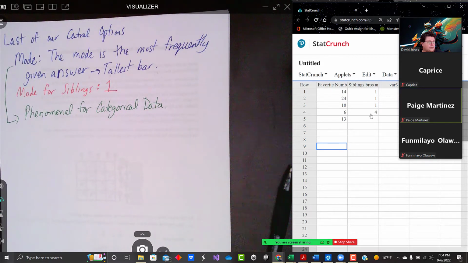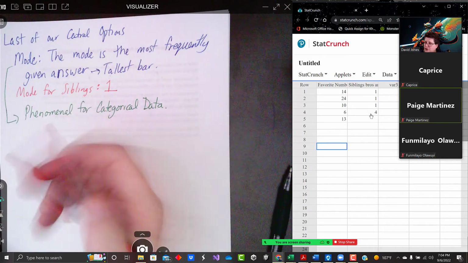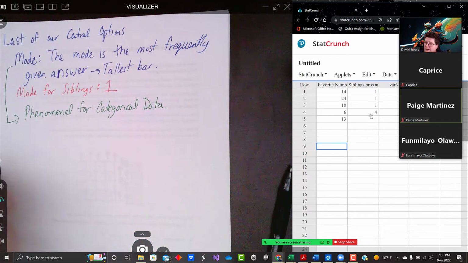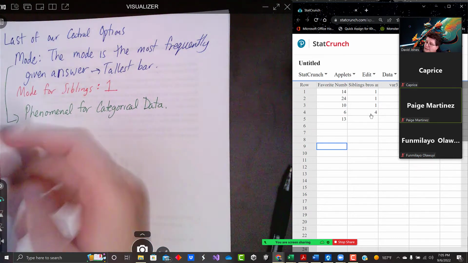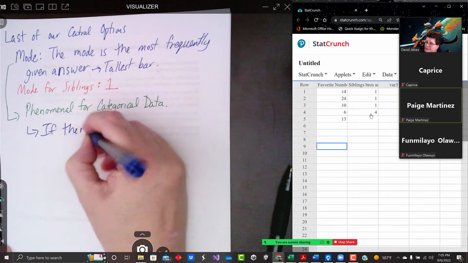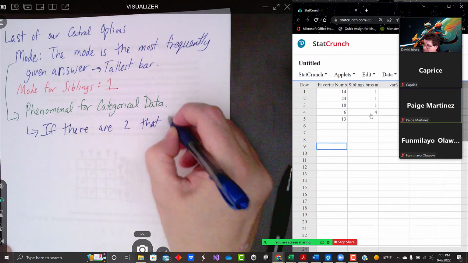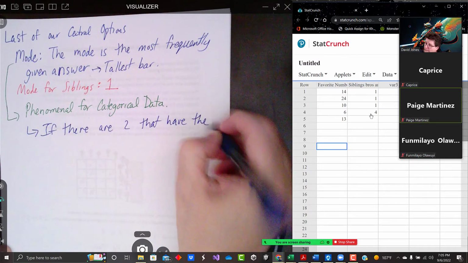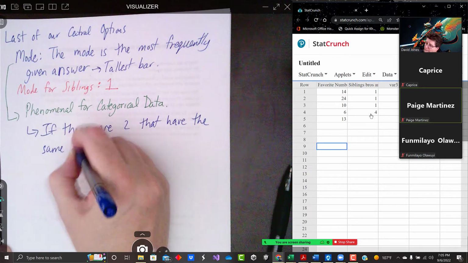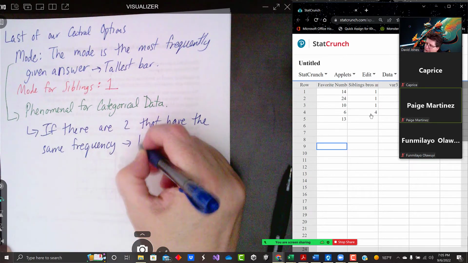Let's see what else I want to tell you. Oh, for median or mode. If there is a mode, it's just called the mode. If there's 2 numbers that have the same frequency, we call this bimodal.